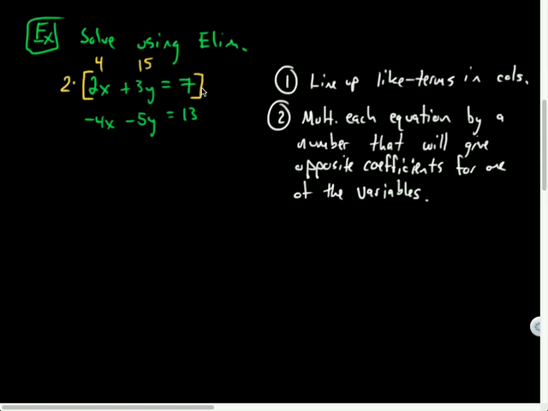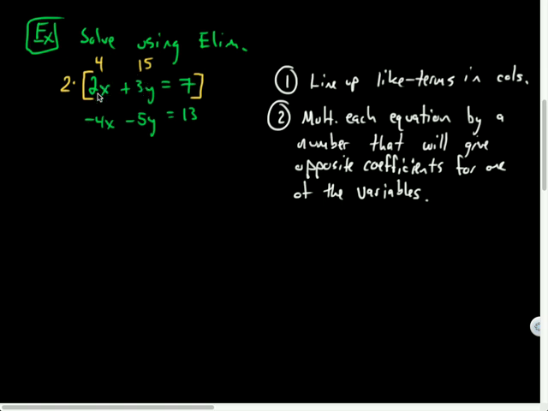What do I have to multiply the bottom equation by in order to get a negative 4x? It already has it, and better yet, it's already negative because I want them to be opposite. You don't necessarily know why I want those opposites just yet, and that's fine. I'll let you know in a moment. But that's the goal.